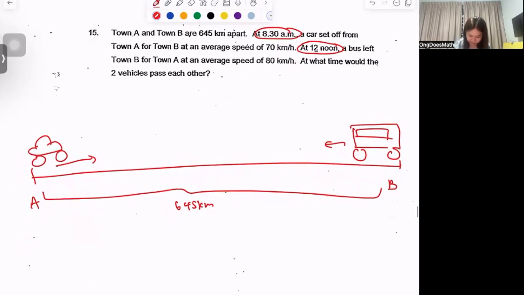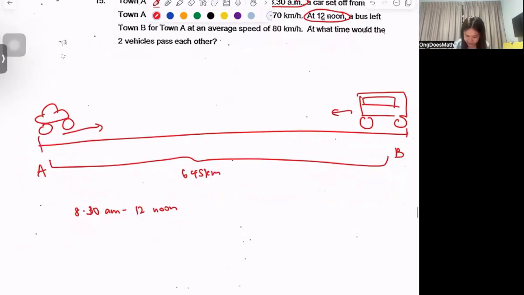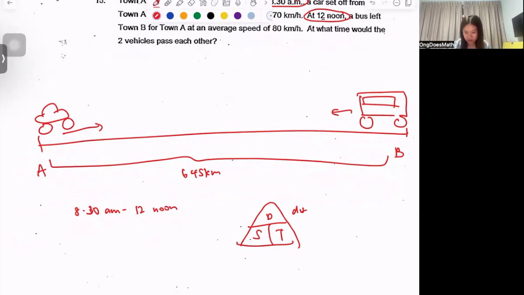So we'll have two timelines, right? From 8:30 to 12 noon, only the car moved. And how much did the car move, or what's the distance that the car moved? We have to make use of this DST triangle, which stands for distance, speed, and time. How do we make use of this triangle? Speed times time will give you the distance.